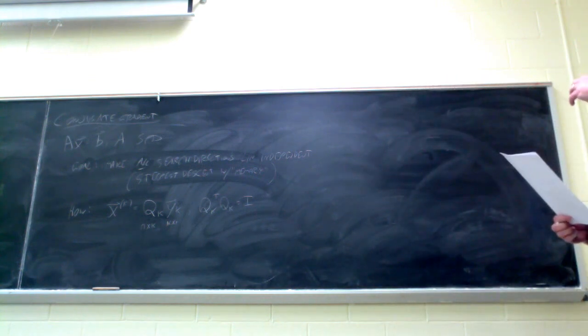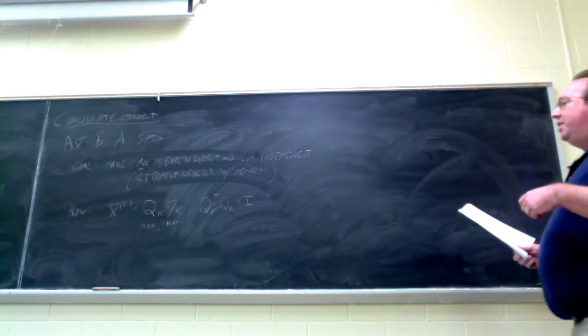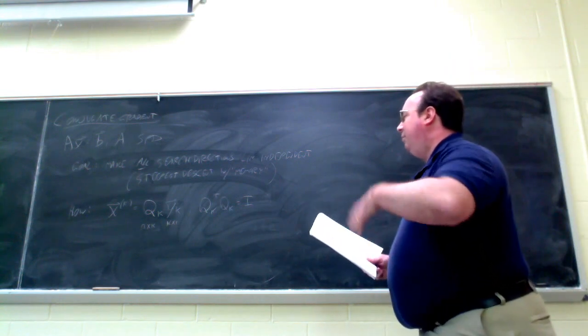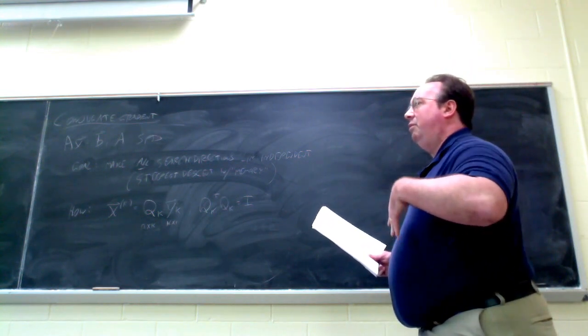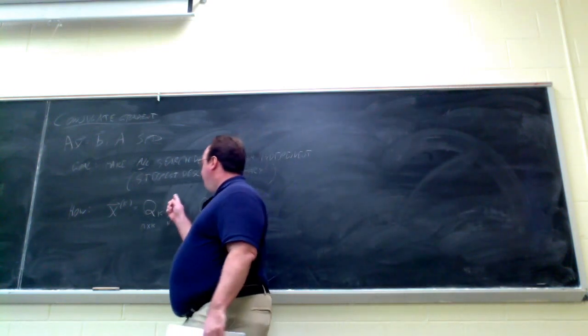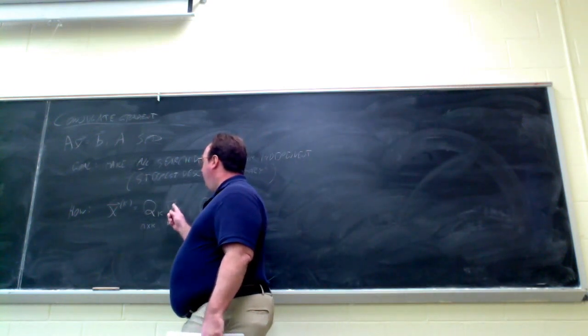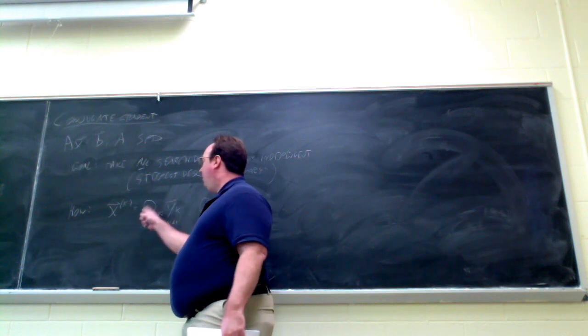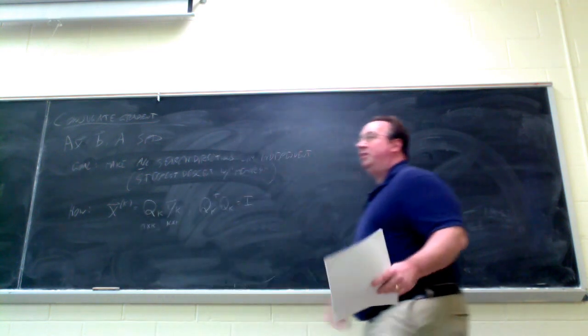So the idea is xk is a linear combination of these vectors, and then as we go from each iteration to the next, we come up with a new vector, like q k plus 1, that's orthogonal to all the previous columns. So we just keep growing this matrix Qk by adding on columns.